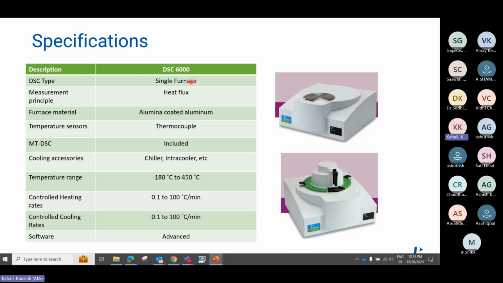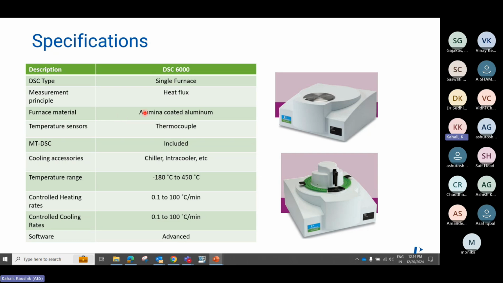But all the other DSCs which are available globally work on heat flux with a common furnace, where temperature difference is measured and delta H calculated. But in power compensation, the delta H was directly calculated, not in terms of temperature.